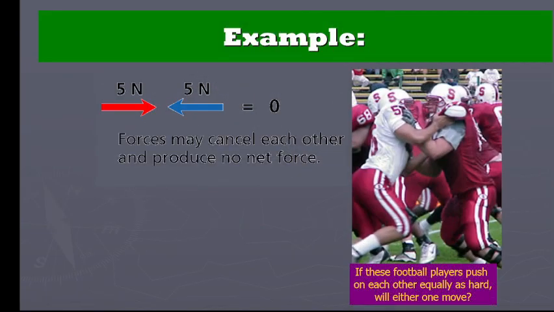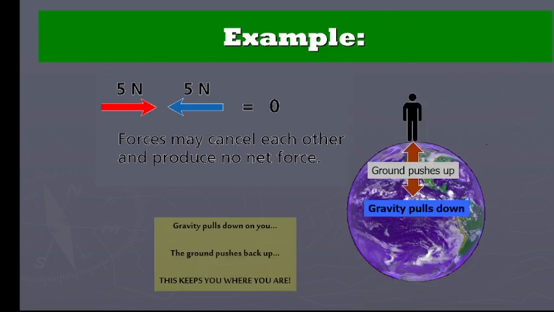For example, here we show that if we apply 5 Newton in the rightward direction and 5 Newton in the leftward direction, my resultant force will be 0 because 5 minus 5 equals 0. Another example: gravitational pull pulls us down, and simultaneously the ground pushes us back, so the net force is 0.